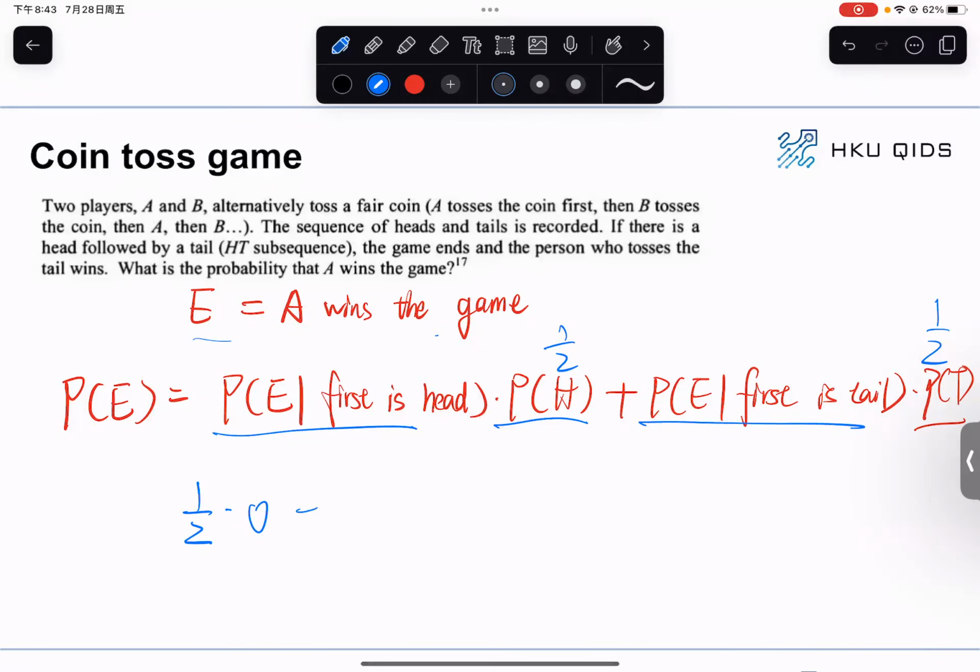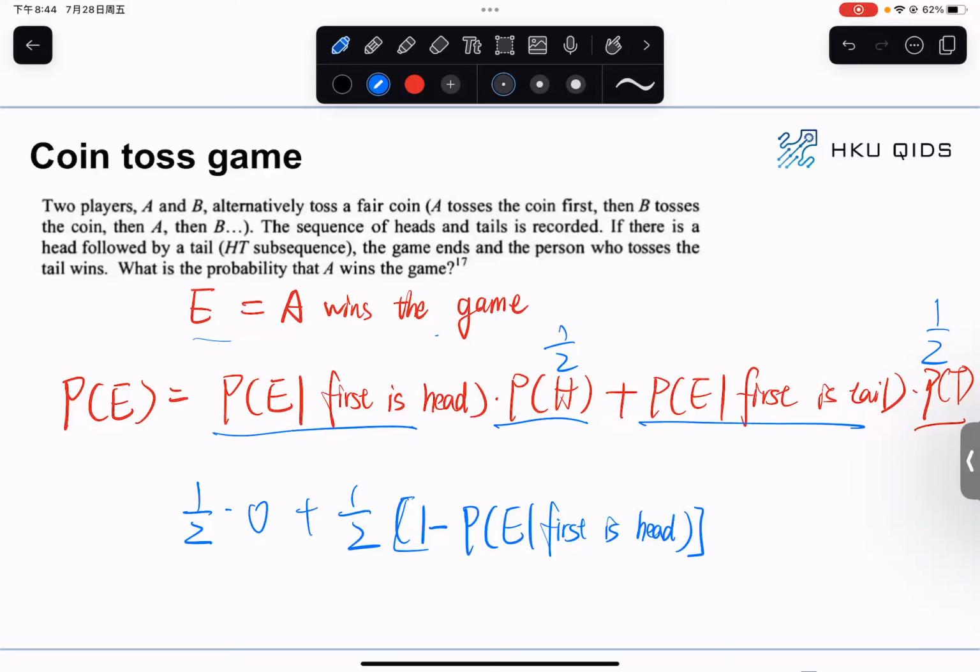And there will be another probability: if B also tosses a head, with probability 1/2, then it is going to be 1 minus probability E conditional on first is head. Because if B also tosses the head, then A suddenly becomes in B's situation, right? So they are replaceable again by the principle of symmetry.